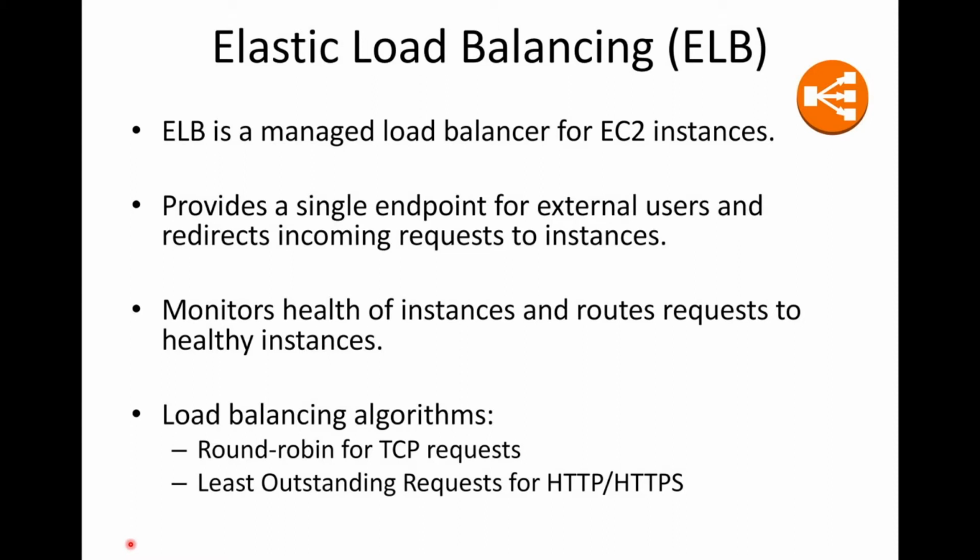For HTTP and HTTPS requests, these are your web requests, the Elastic Load Balancers will implement the least outstanding requests algorithm, which means that the ELB will send new HTTP and HTTPS requests to the instance which is supporting the least number of current requests.